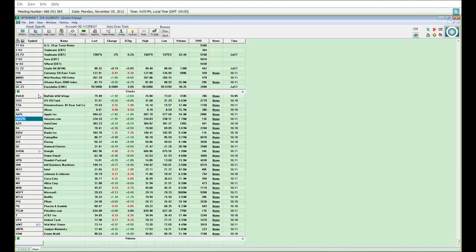Now, those are all stocks. Each one of these stocks that you see on the left side here has options associated with their stock. Now, I said we're not going to get technical, and we're not. So I'm going to start with Amazon.